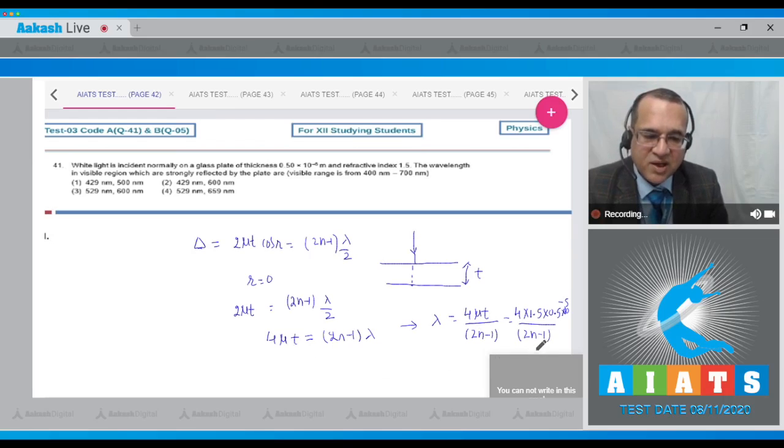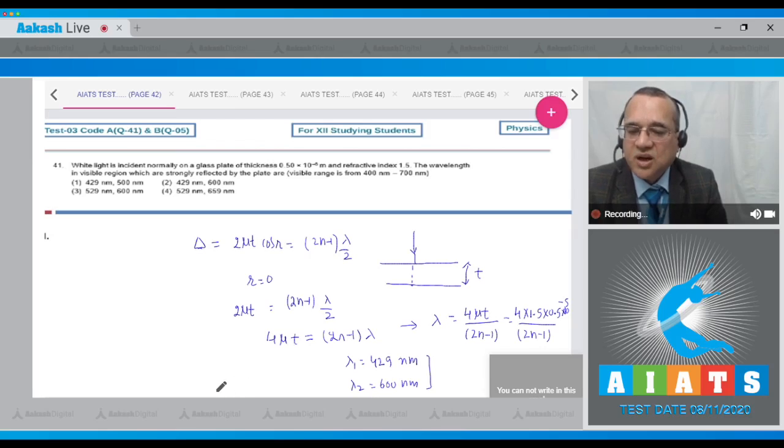If you take n = 3 and n = 4, you get two wavelengths. The first wavelength comes to be 429 nanometer and the second wavelength comes to 600 nanometer. The correct option is option number 2.